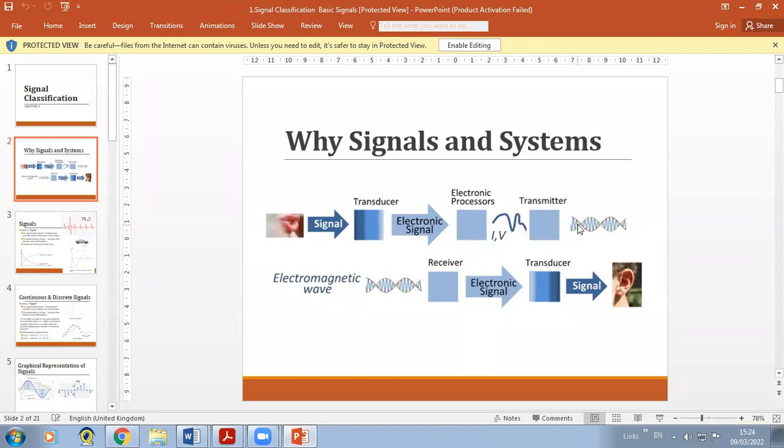This speaker is also a system. So you can see that in this fundamental communication system, we have many related signals and many related systems. So this diagram is to give you an idea why signals and systems are very important for our engineering life.